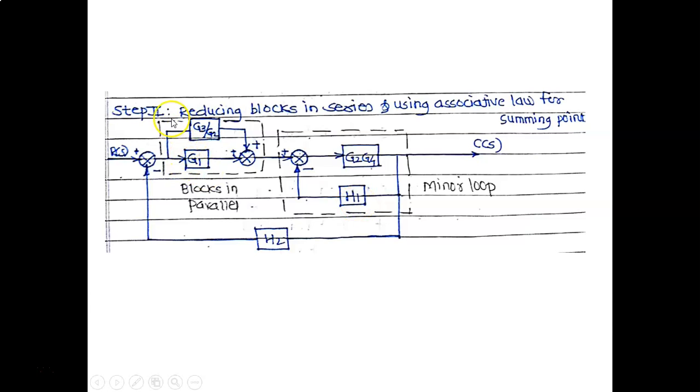Now this forms blocks in parallel because the signals coming from these two blocks are in the same direction. This is forming a minor feedback loop. Therefore here G1 plus G3 upon G2, and here G2 G4 divided by 1 plus H1 G2 G4. This will be the one block here.